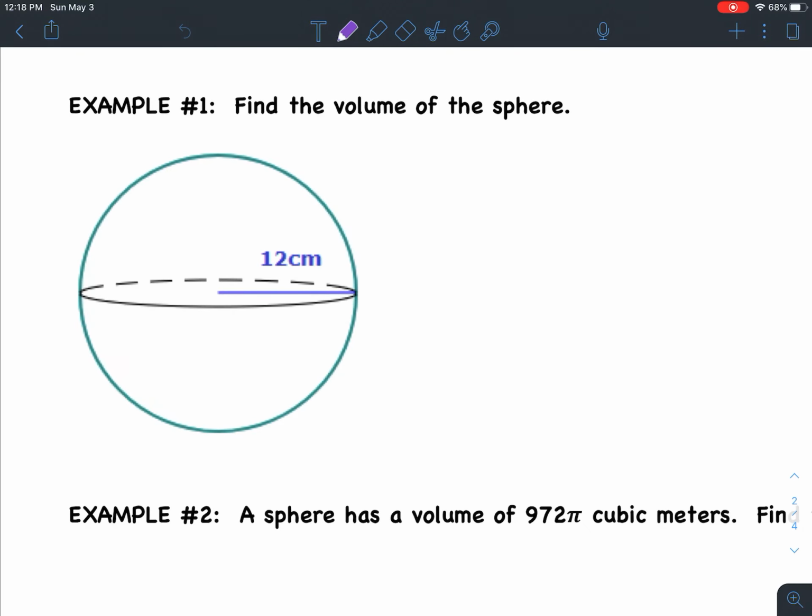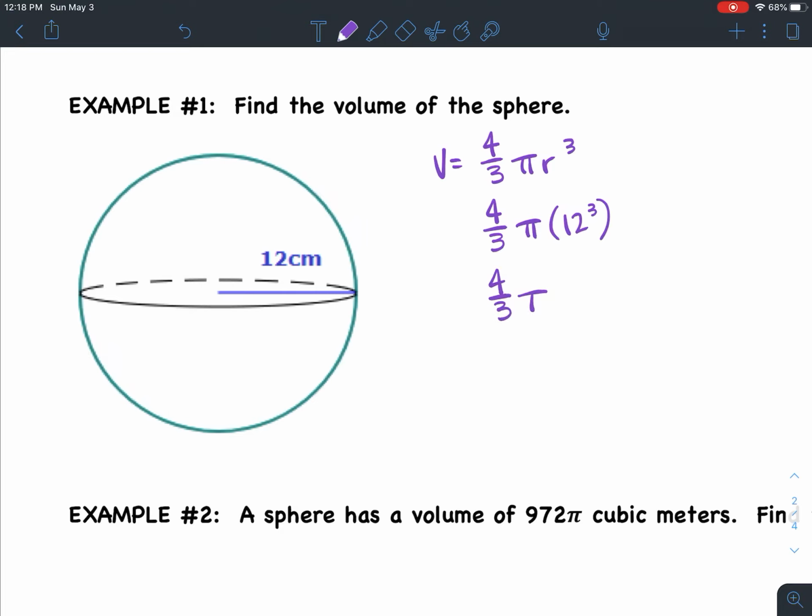So if I want to find the volume of my sphere, I'm going to have volume is equal to 4/3 pi r cubed. And if we just keep going with that, 4/3 pi times 12 cubed. I'm going to do my 12 cubed first.